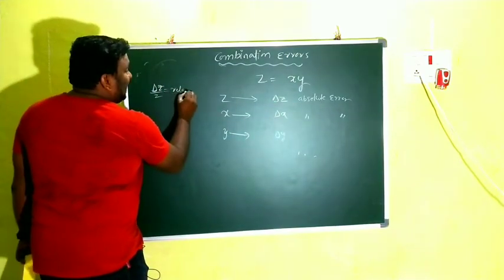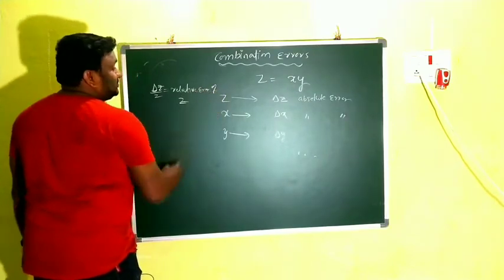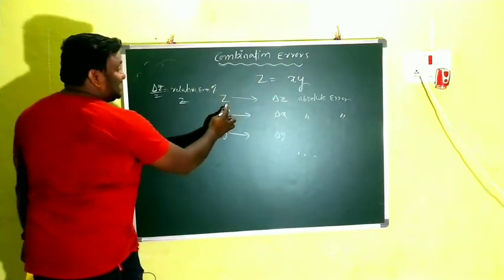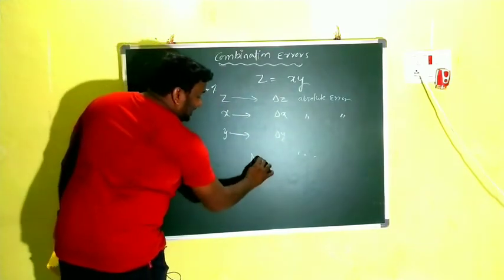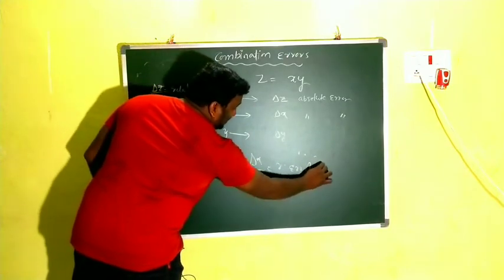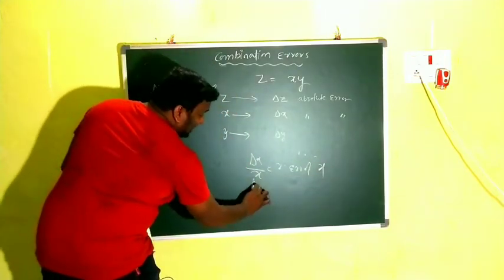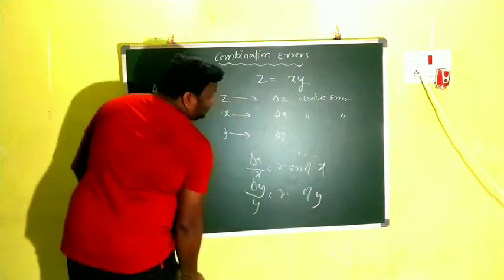This is the relative error of z. Clear, children? Delta z by z is the relative error of z. Delta x by x is the relative error of x, and similarly delta y by y is the relative error of y.